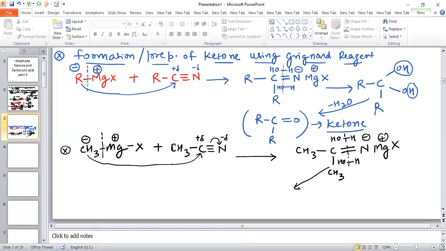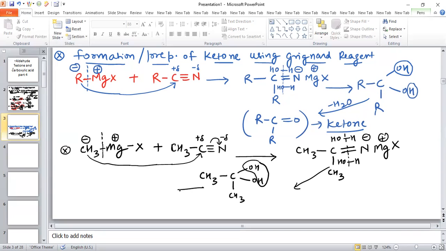So now you can say the product obtained in this case is basically CH3, C, CH3, and OH, and OH. So water is removed from this.